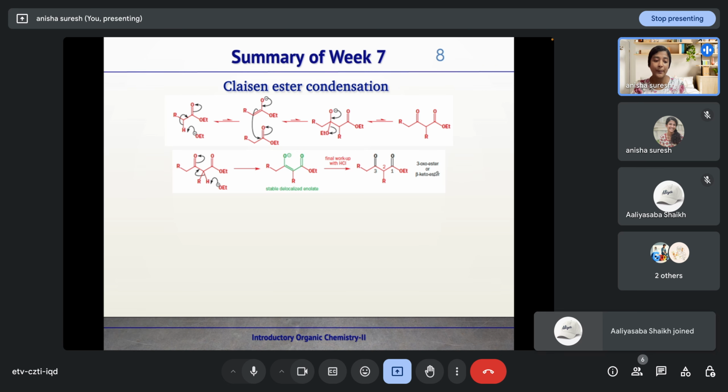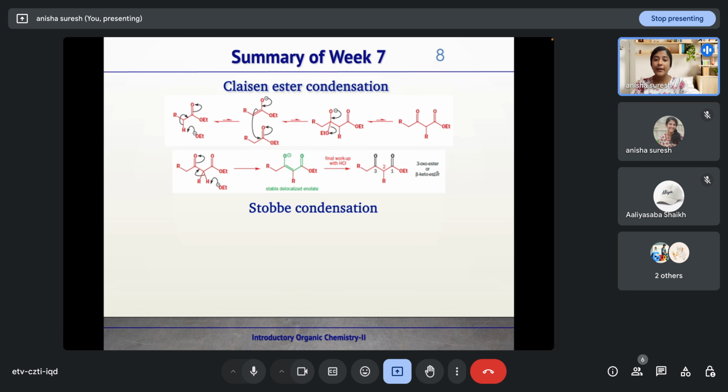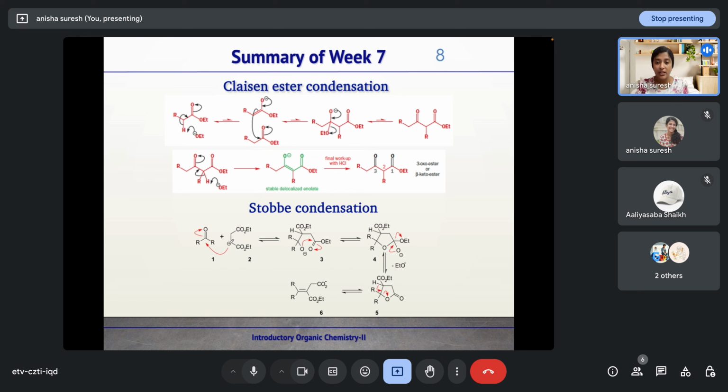3-oxo ester or beta keto ester. Now coming to Stobbe condensation, we have a ketone and a diester. This diester can form the enolate in the presence of a base, and it can add on to the carbonyl carbon of the ketone, leading to formation of this tetrahedral intermediate.